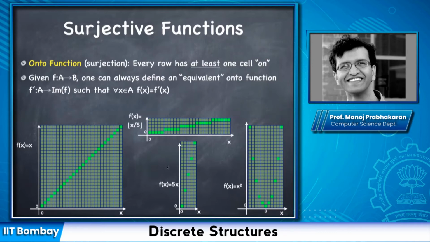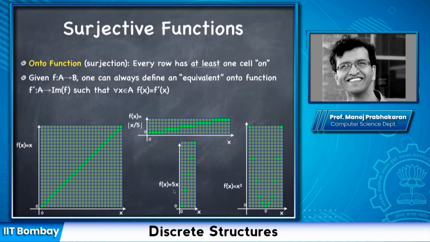So for instance, if I define my function f(x) equal to 5x as a function from the set of all integers to the set of multiples of 5, then it would become an onto function. So an onto function essentially says the image of f is the same as the codomain of f, and you can syntactically change the codomain to equal the image for any function.